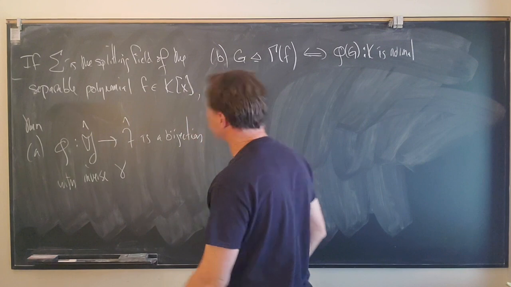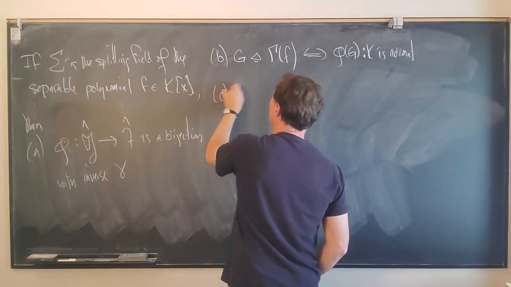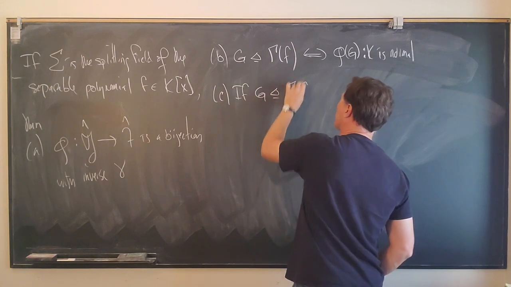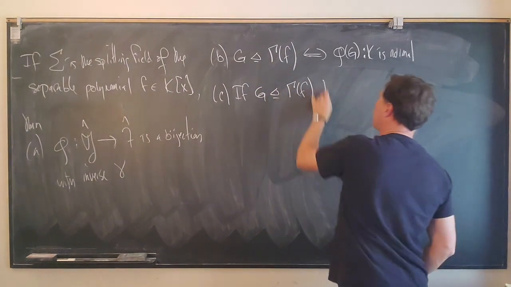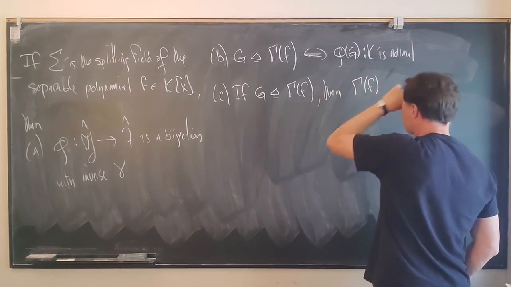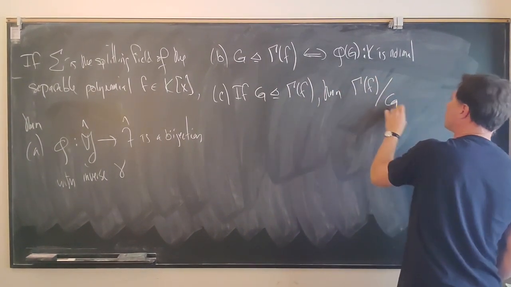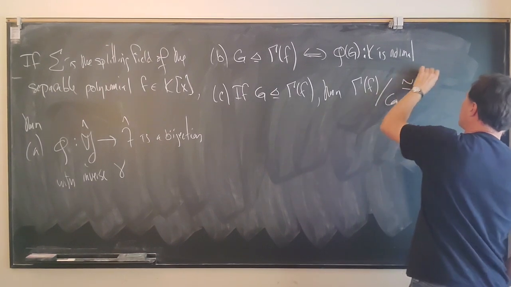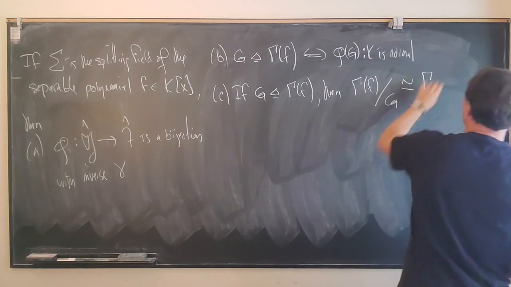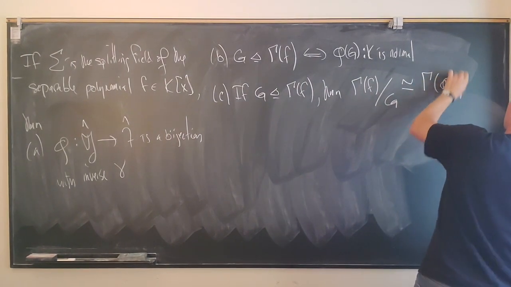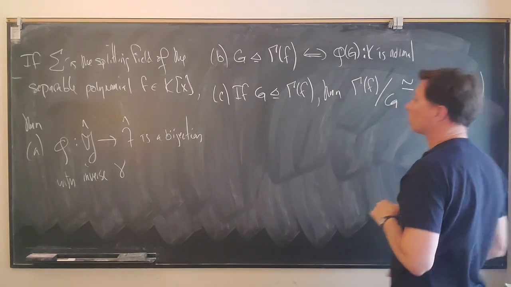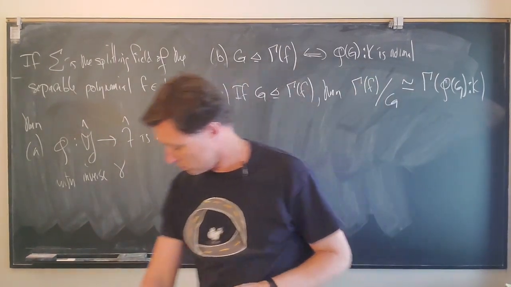And then the last part, so if G is normal, or is a normal subgroup, then when we look at the quotient gamma of F mod little g, that's isomorphic to the Galois group of the extension, phi of G over K.